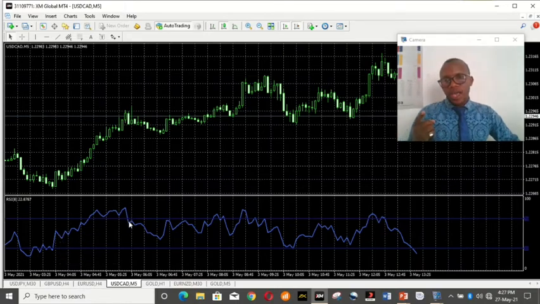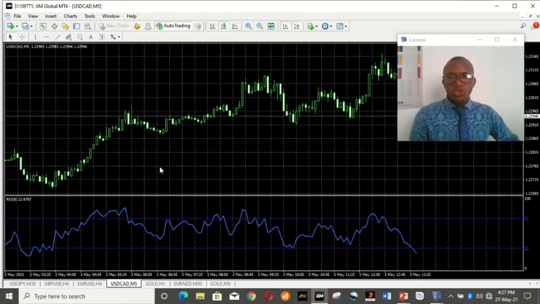Even here at the downtrend, the speed of the RSI is low. Why do we say the speed is low? You see these candlesticks. It tells us that the market is still going to be bullish.